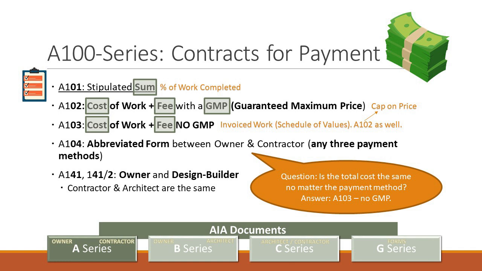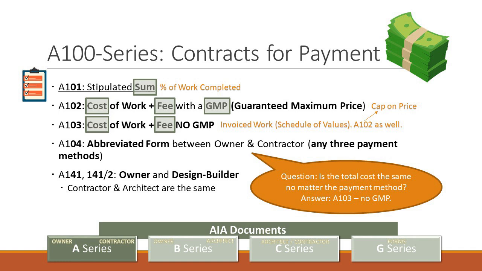In my world, as the projects start to get larger, I would never do anything over even $1 million with a 103. But if a project is somewhere between 5 and 50 to 100 million, there may be benefits of doing the 101 because there's a lot less paperwork and a lot less information that you need to do. But as you start to get higher, there's benefits to having this cap.